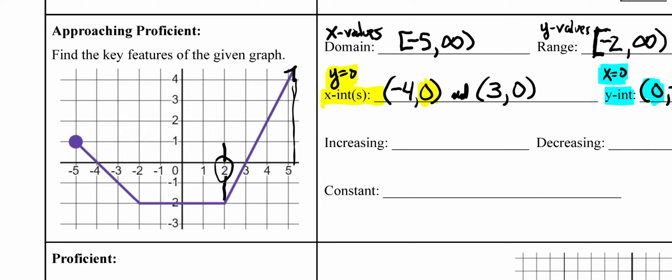So starting at 2, but this time we're going to use a parenthesis at 2 because right at that point, it's not going up, it's not going down. It's a corner, and so it's neither increasing or decreasing. It just kind of stops and is in between. So increasing from 2, but all the way over here to positive infinity.